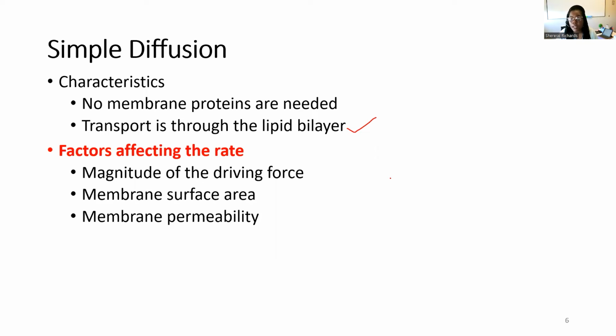Particles that are small, that are non-charged, that are non-polar will be able to go through that phospholipid bilayer, and so they will be able to move through the membrane by simple diffusion.